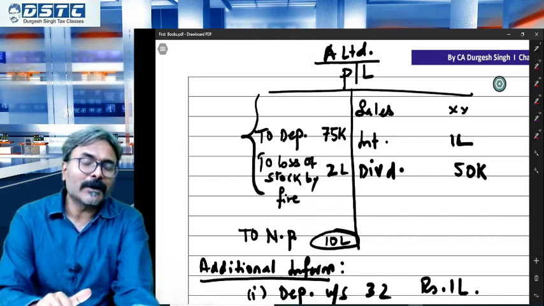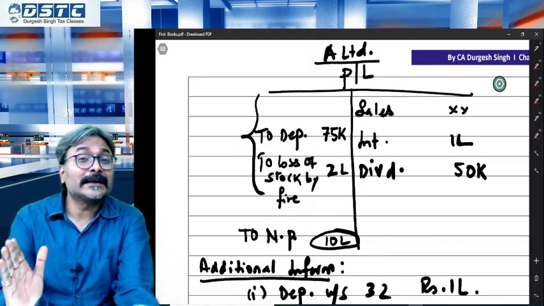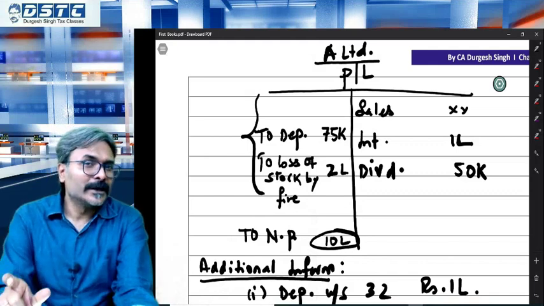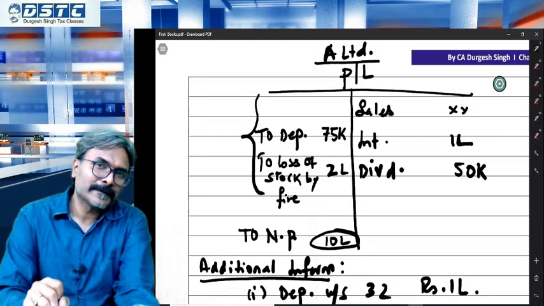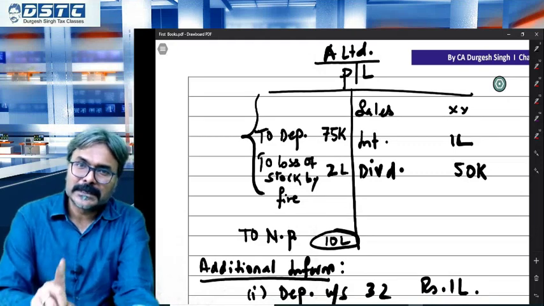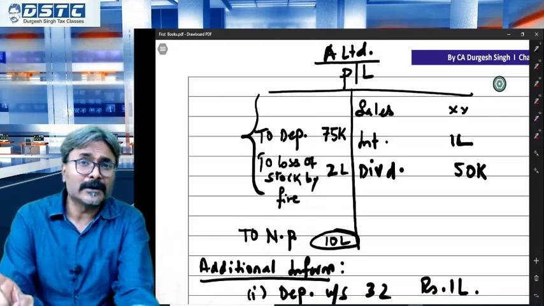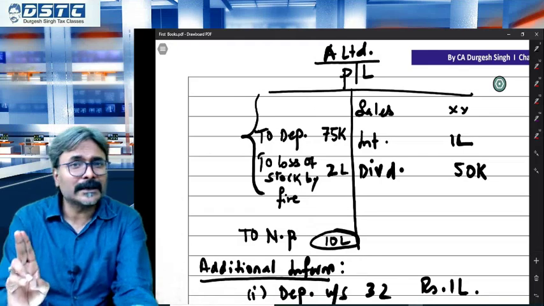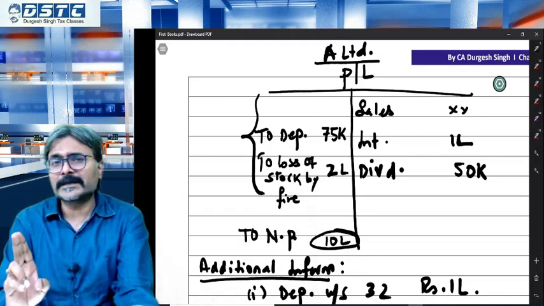The deduction of 37.1 is in respect of expenditure, and the term expenditure is different from the term loss. Again, I'm repeating, the term expenditure is different from the term loss. So 37.1 is not the correct section where this loss of stock by fire will be allowed as a deduction.